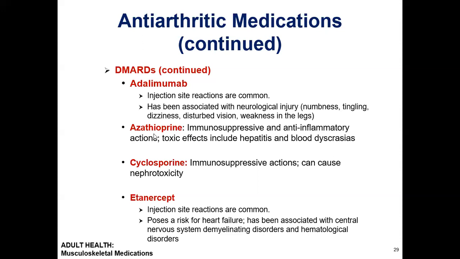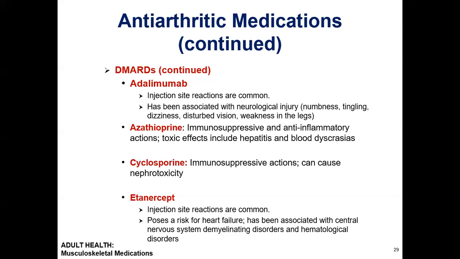In case of azathioprine, what else? Cyclosporine, one of the most popular drugs we use. This is an immunosuppressive action. They help your body, but on the other hand, they cause the immune system to be suppressed. Infection is most common.